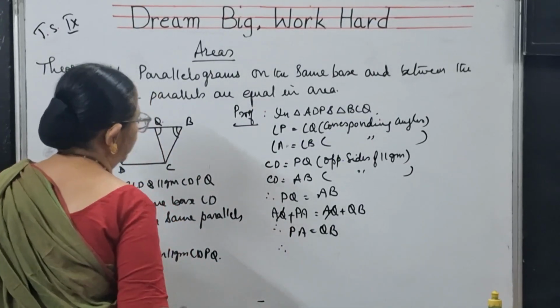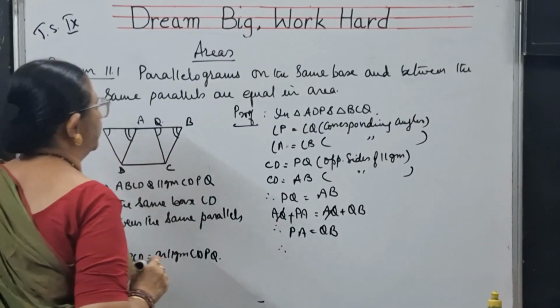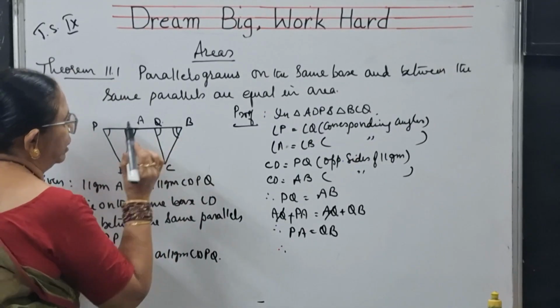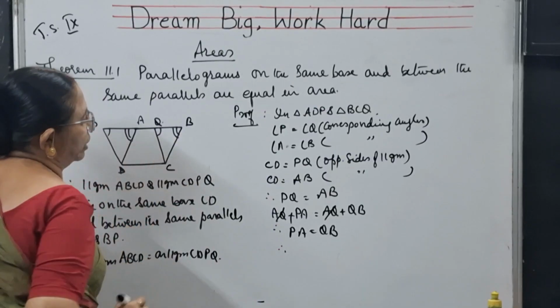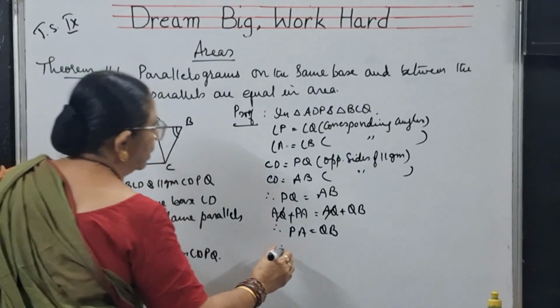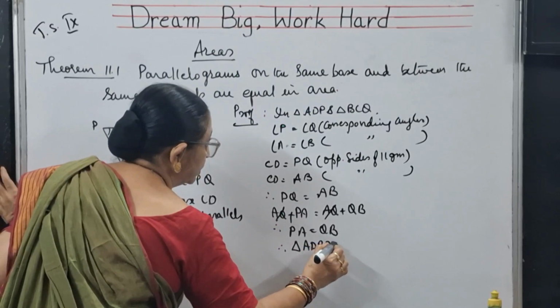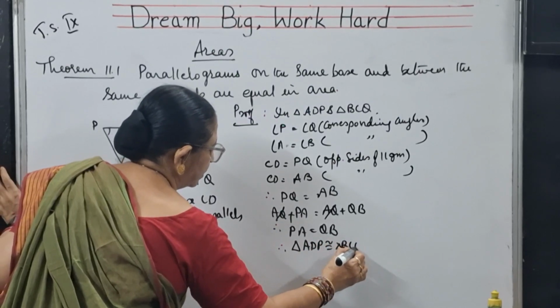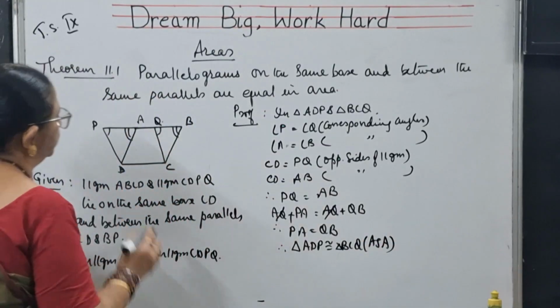So what you can say? See children, in these two triangles, these two angles are equal corresponding angles and these two angles are equal corresponding angles, and we could prove that these two sides are equal. So triangle ADP is congruent to triangle BCQ basing on angle side angle property.